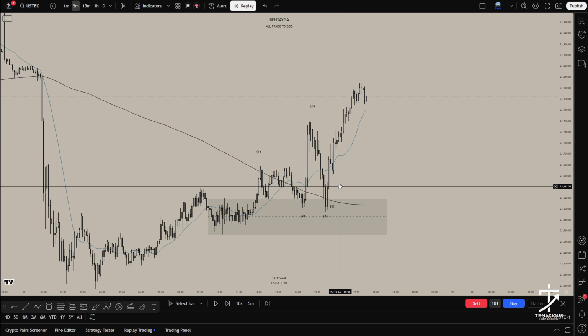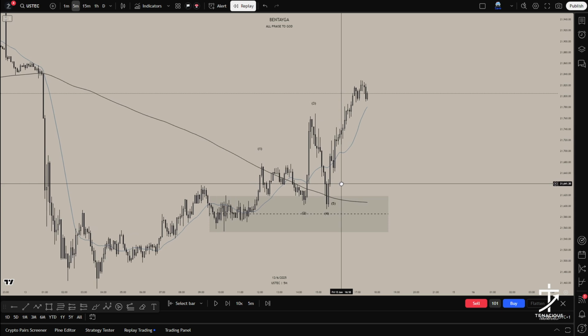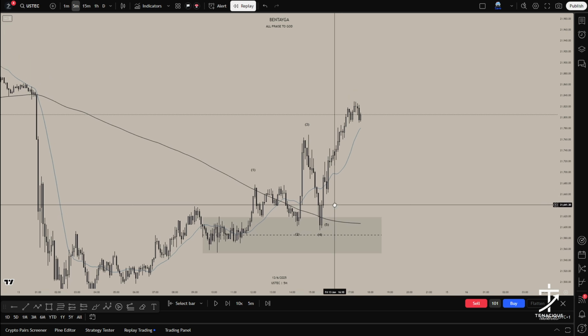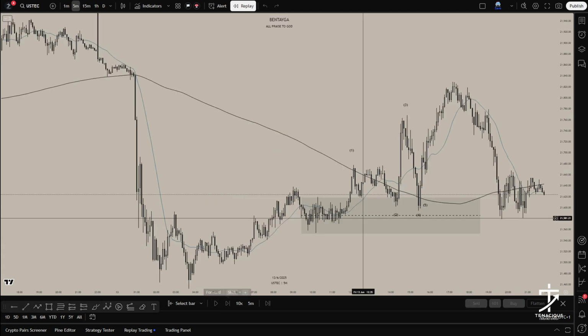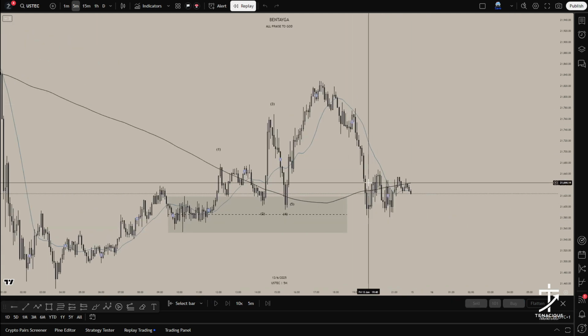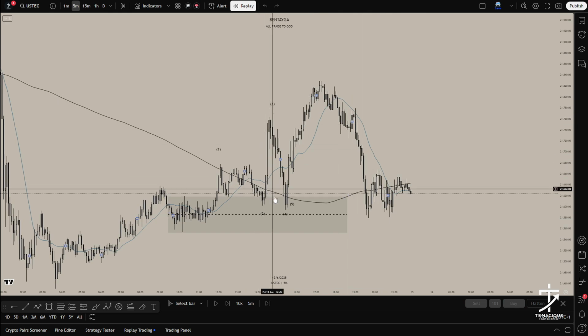No. But I just have to show you guys this could have been a potential trade that you could have taken. And obviously if I just let price play out, price resumes there. So overall there wasn't much that went on today.